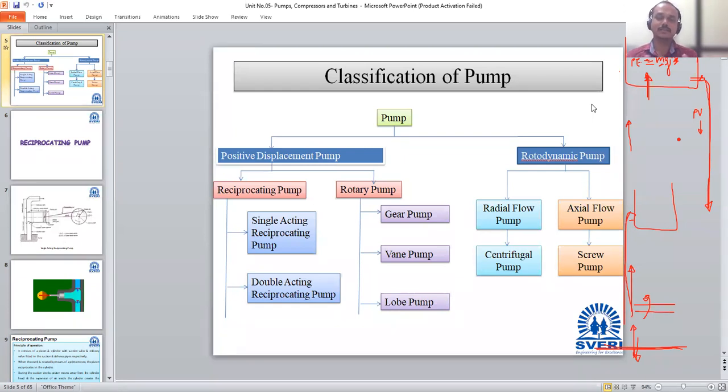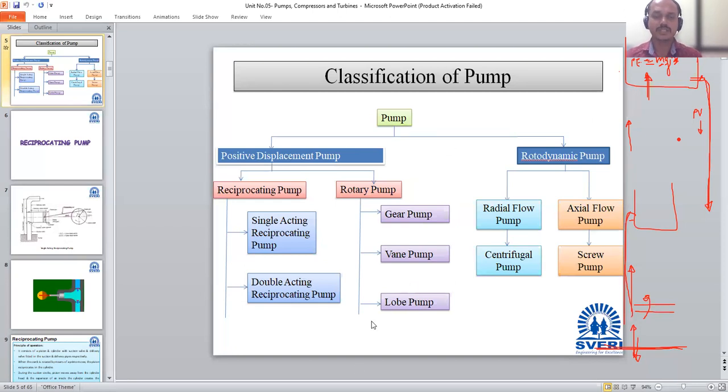So these are the different classifications of pumps, but out of all these pumps, two pumps are included in our syllabus. Which are those two pumps? Reciprocating pump and centrifugal pump. Yes, correct.